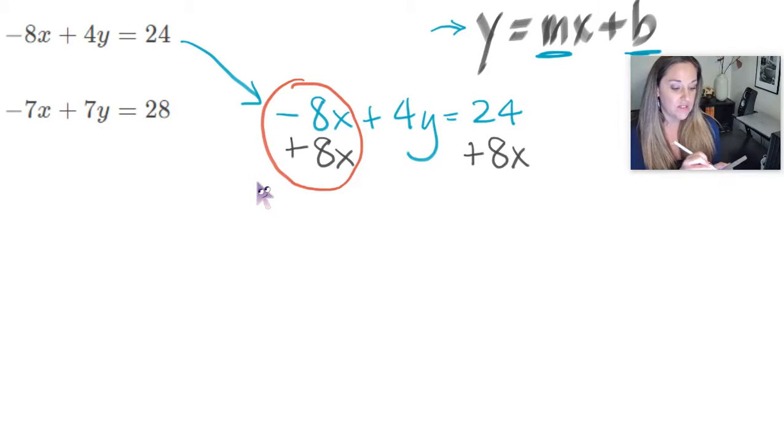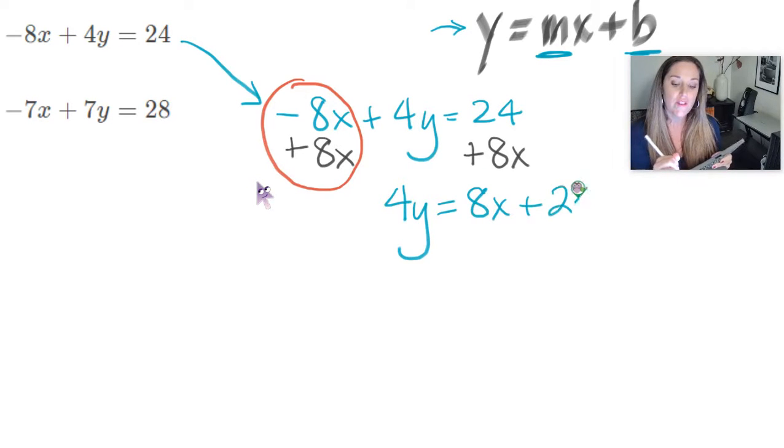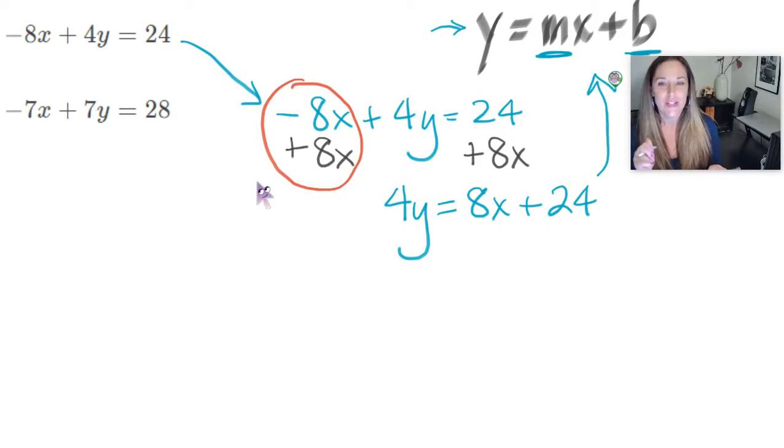Okay, so now this leaves us with 4y equals, I cannot add 24 and 8x. They are not like terms. I could write it as 24 plus 8x, however, I'm going to write it as 8x plus 24. Do you see how this equation is already starting to look like slope-intercept form? The only thing we need to do now is get that y by itself.